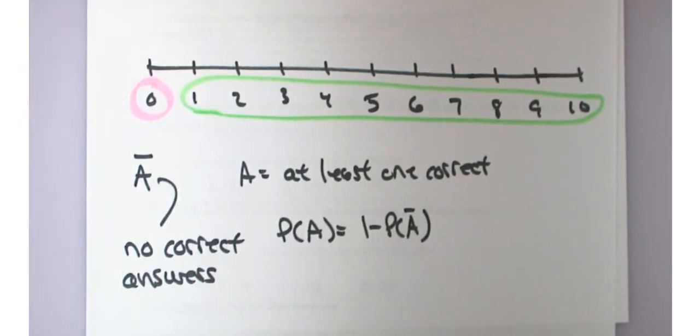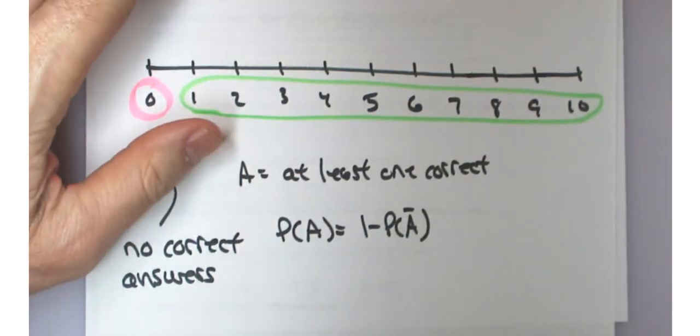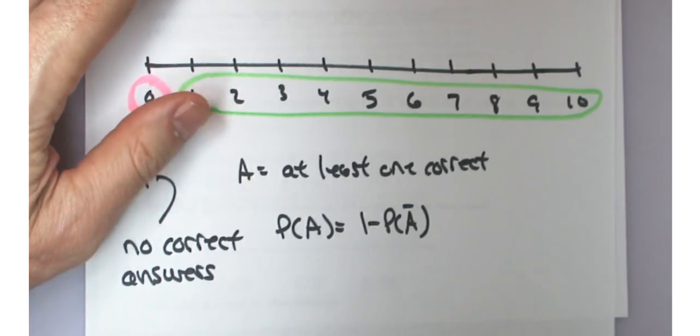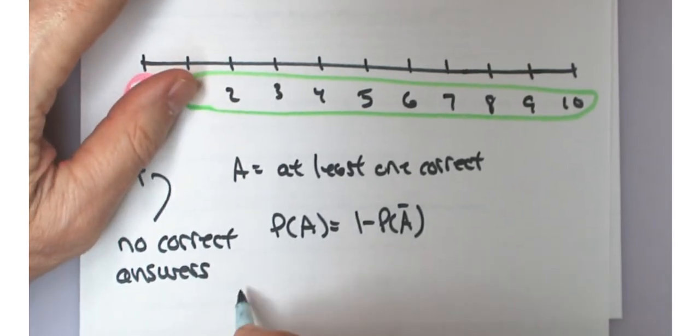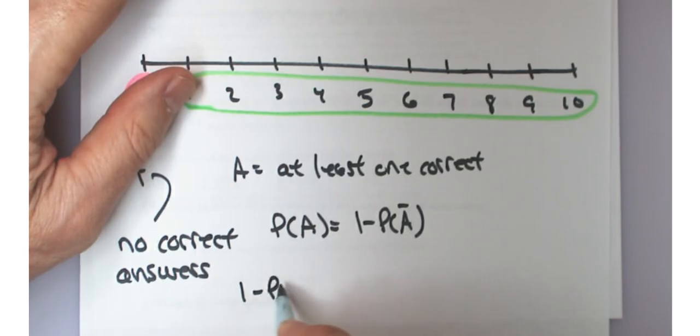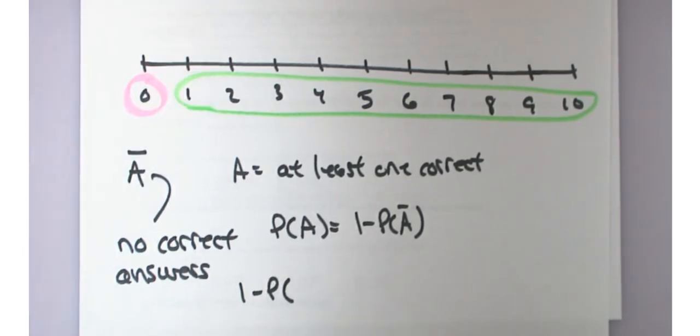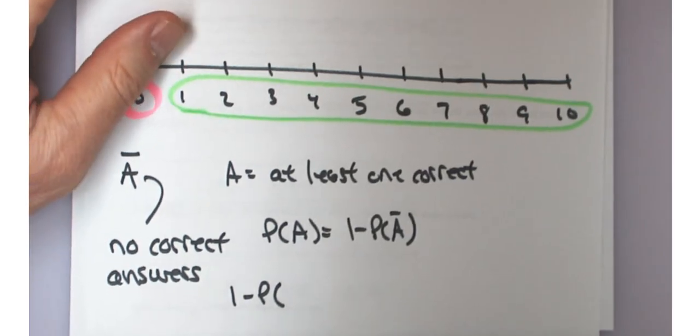Now, they didn't really tell us too much other than that there's one correct answer out of 5 possibilities, but I think that's going to be good enough. So the probability of A bar, and I guess we're going to need to develop some notation for this. What do you want to use to denote a correct answer? What do you want to use to denote an incorrect answer? Let's just do C for correct, and then C bar for incorrect.